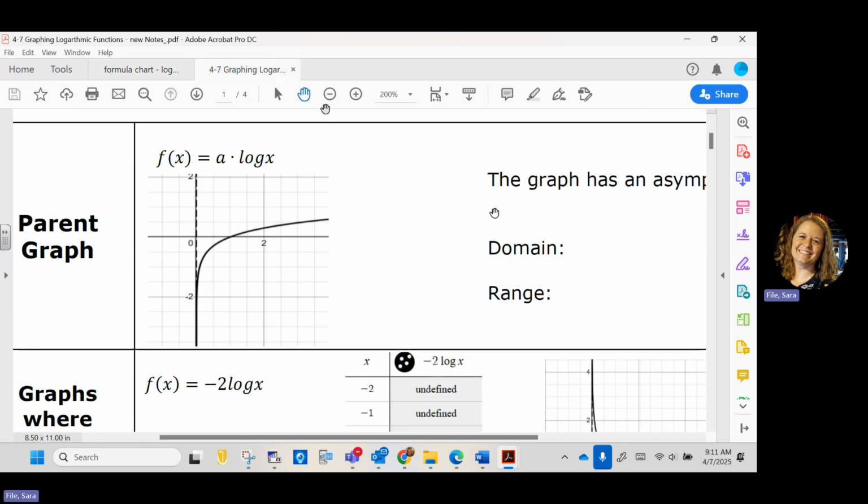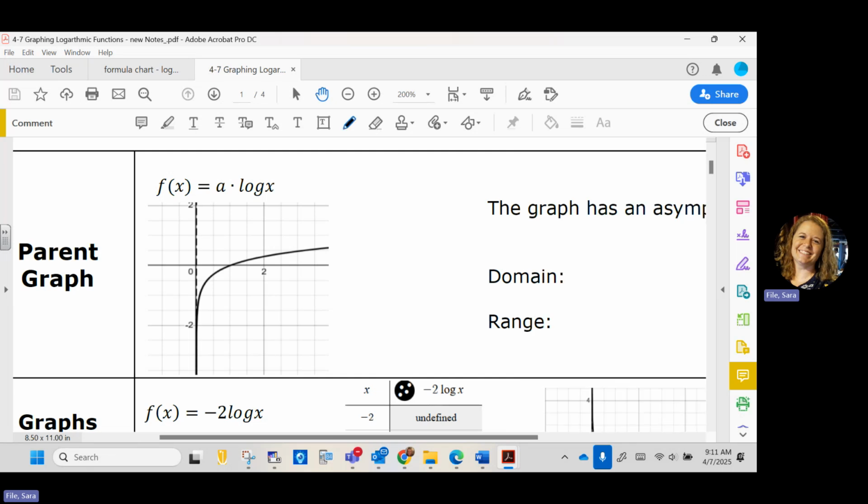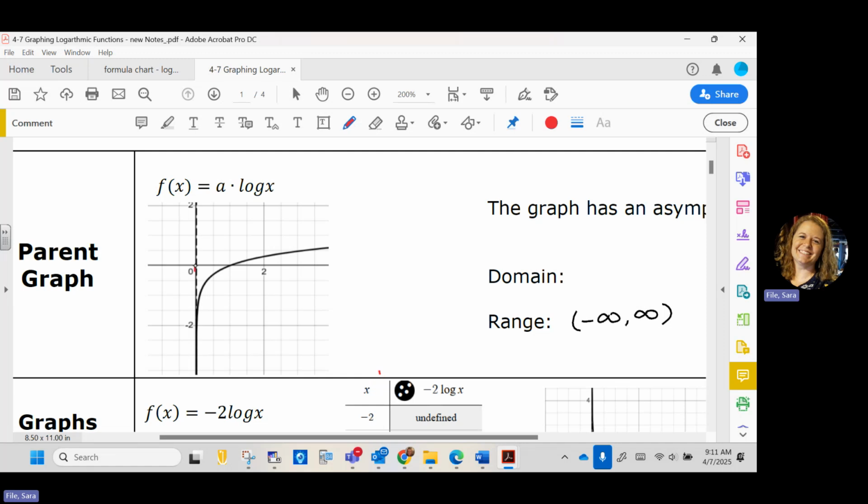Okay, so the range for all logs, so any log function that you are asked for the domain and range on, the range will always be all real numbers, or negative to positive infinity. Okay, it goes down forever and up forever. If it helps you to accentuate this so you see it a little bit better, this asymptote in your graph, your function is not going to go past the asymptote.